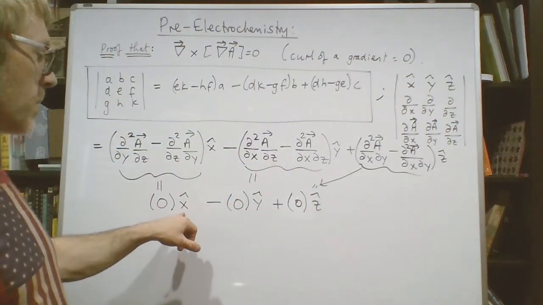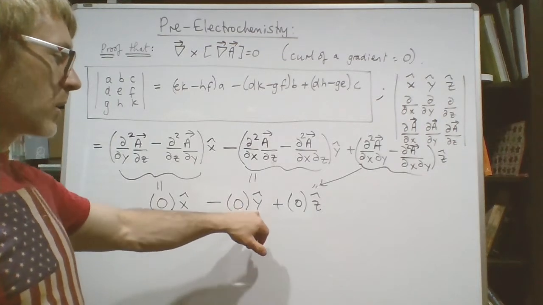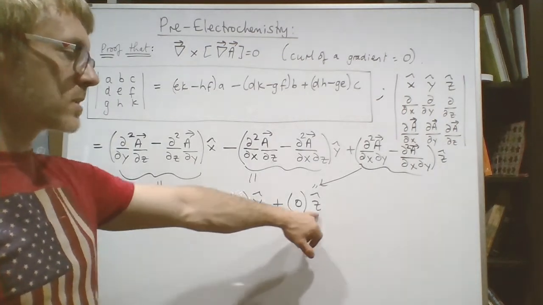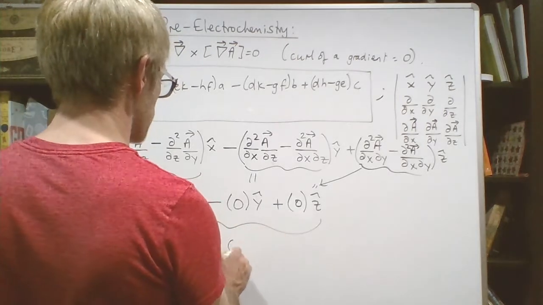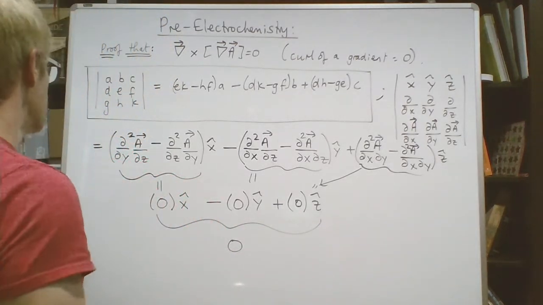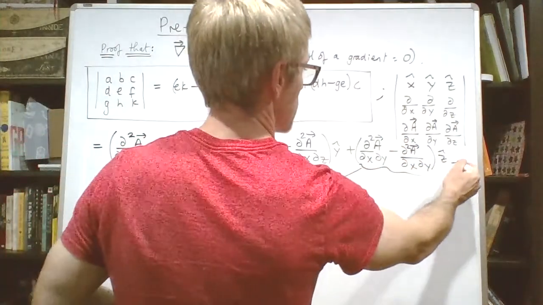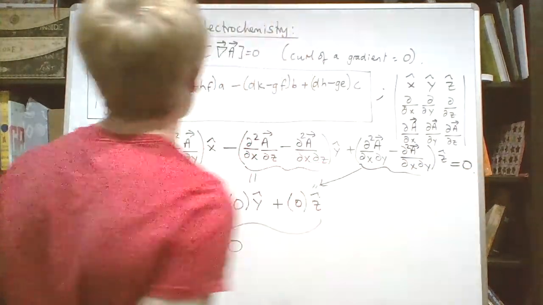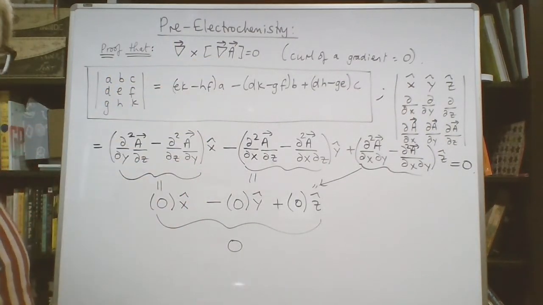So it's 0 lots of 1, which is 0, minus 0 lots of 1, which is 0, plus 0 lots of 1, which is 0. So the whole thing just sums to 0. So again, we've just shown that this whole expression equals 0. We've proven that the curl of a gradient is 0.